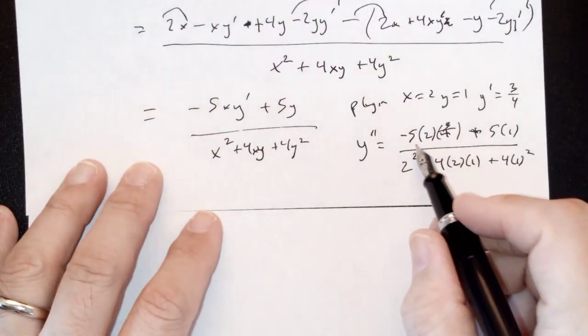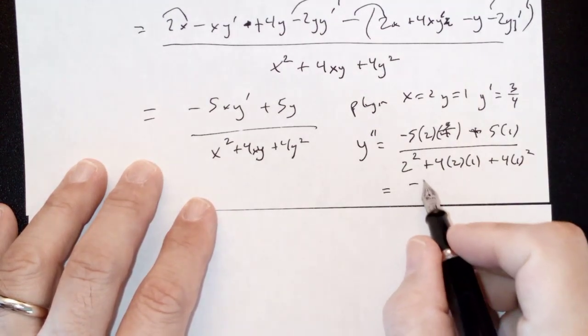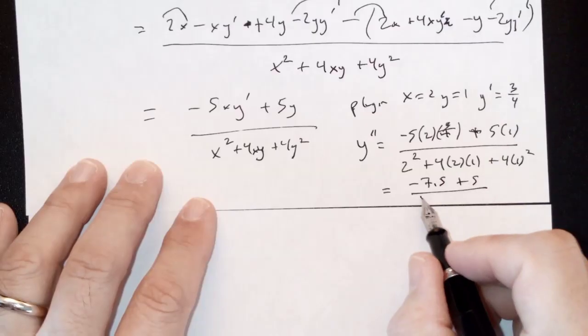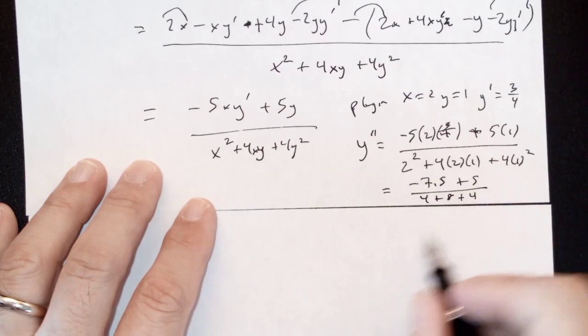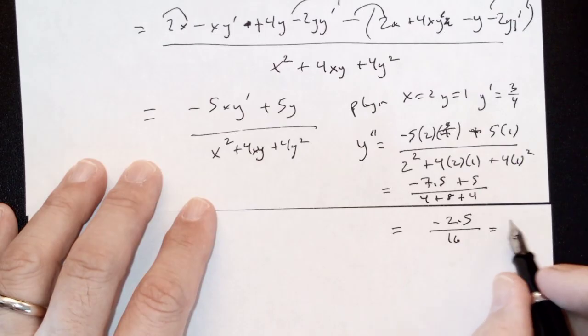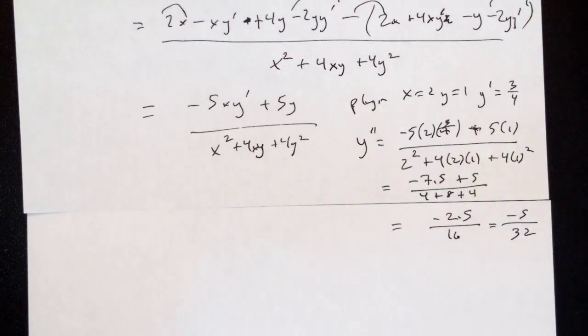So let's see, 10 times 3/4 is minus 7.5, plus 5, over 4 plus 8 plus 4. I get negative 2.5 over 16, or minus 5 over 32. If you'd rather give me a decimal, that's perfectly fine. I'm not going to throw a hissy fit. Questions so far?